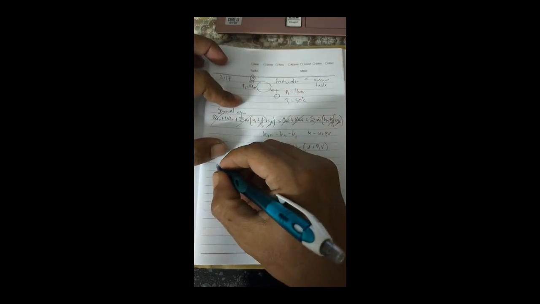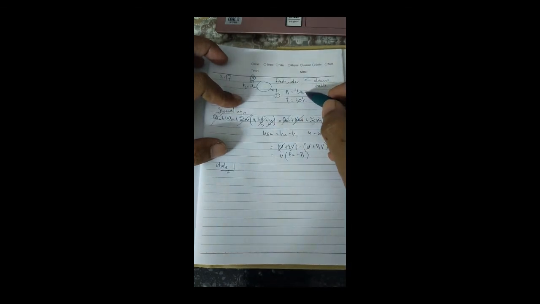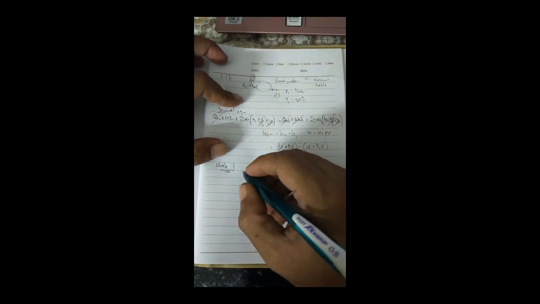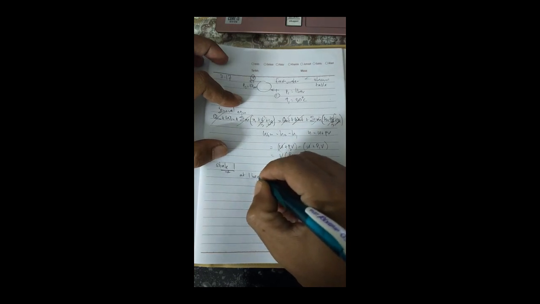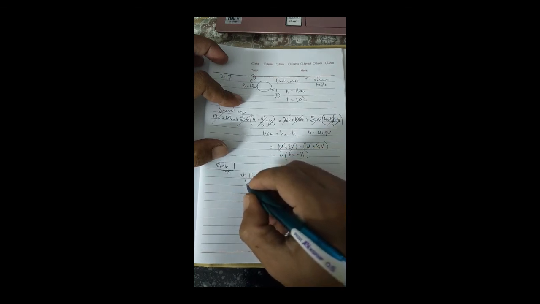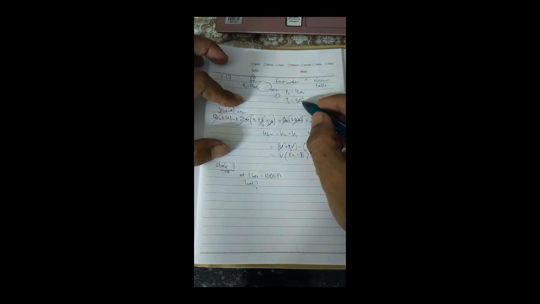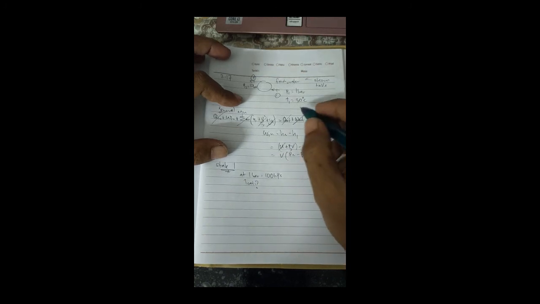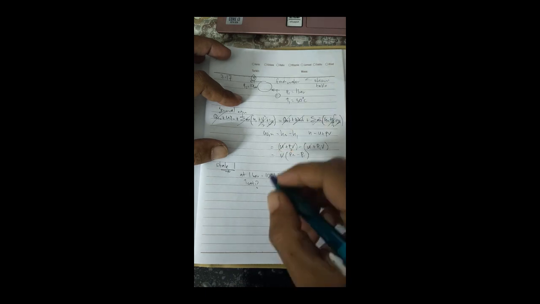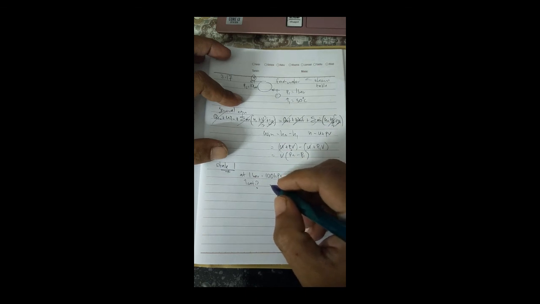Okay, state 1. We have 1 bar and 30 degrees C. At 1 bar, 100 kPa, what is your Tsat? Either higher or lower. If it is higher than 30 degrees C, it means it is in the compressed liquid.